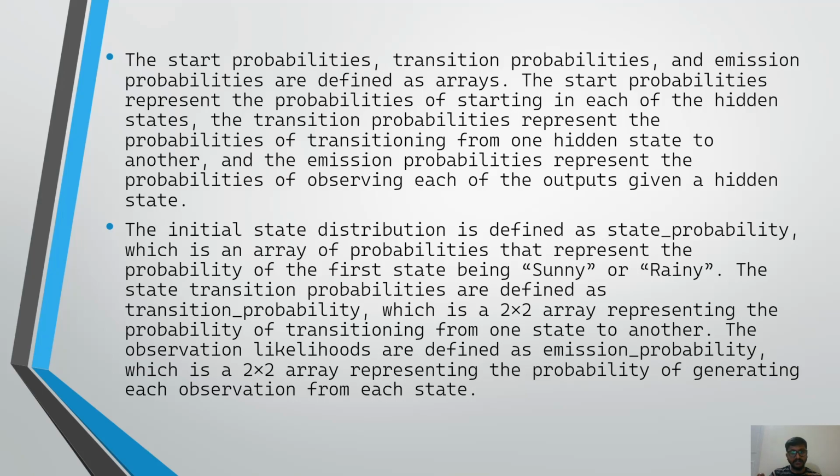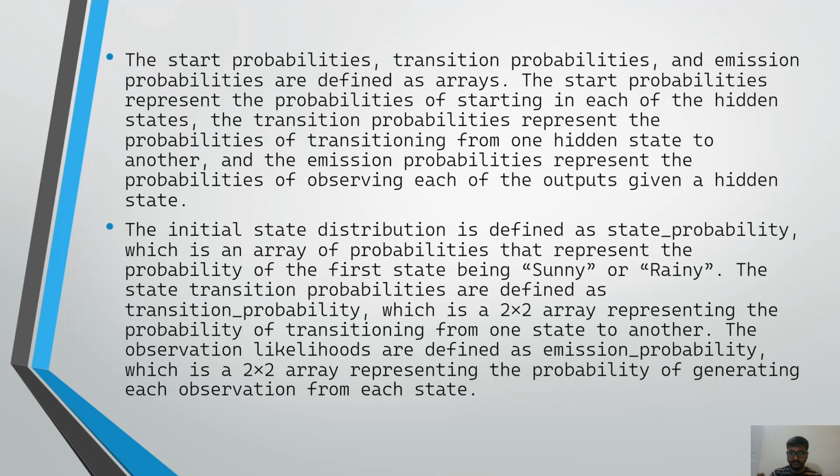The initial state distribution is defined as state probability, which is an array of probabilities that represent the probability of the first state being sunny or rainy, and the state transition probabilities are defined as transition probability, which is a 2 cross 2 array or matrix, representing the probability of transition from one state to another.